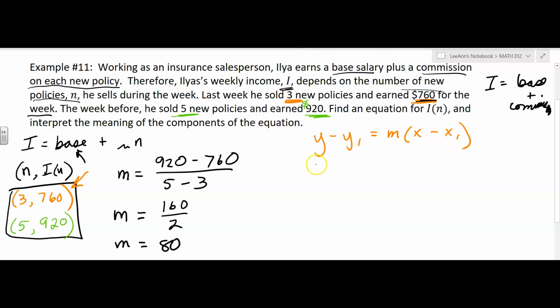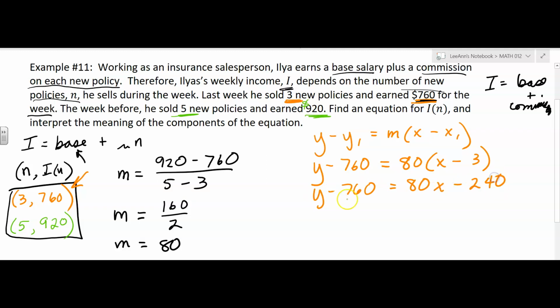You can use the other point, but I would just go with the smaller numbers. My slope was 80. Okay, so I'm going to distribute. I'm going to add the 760. And so I get y equals 80x plus 520.